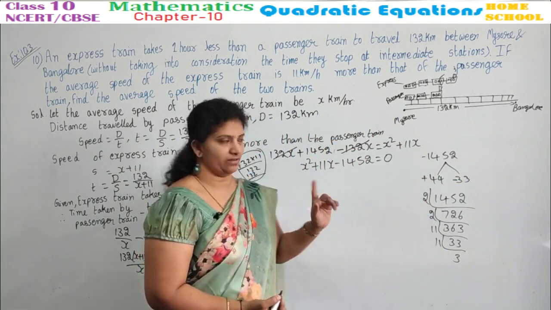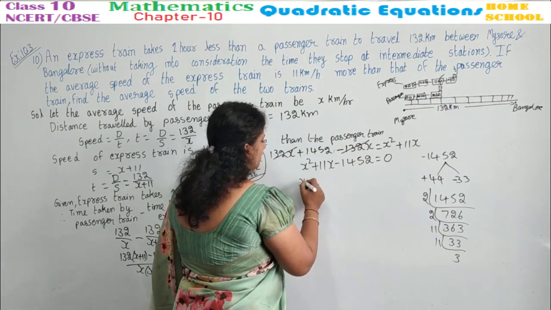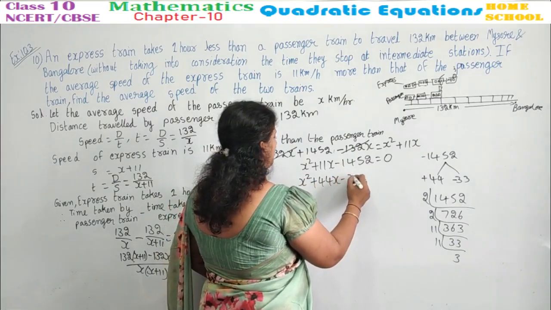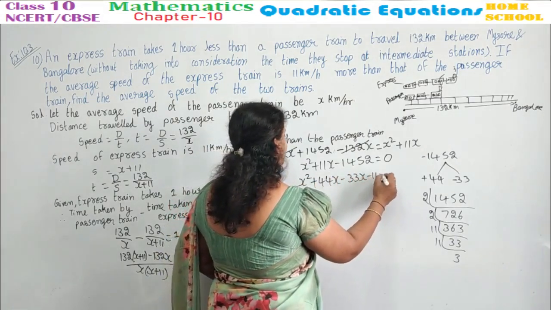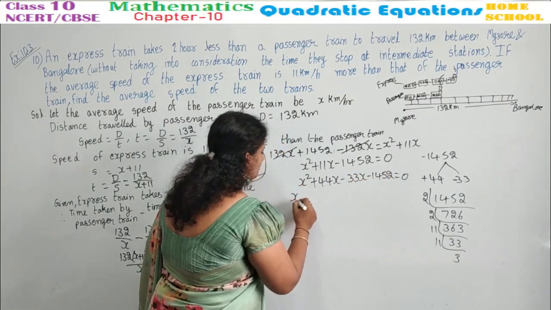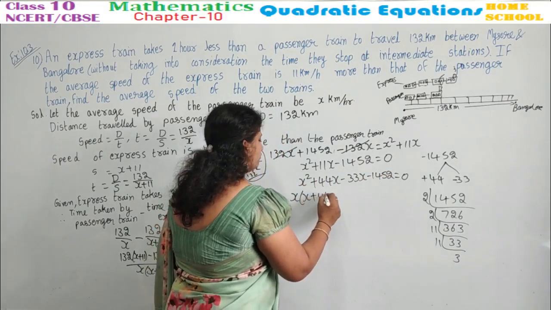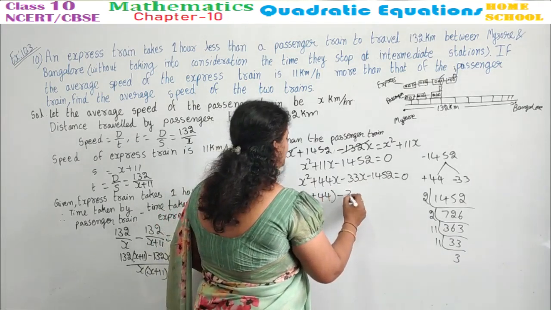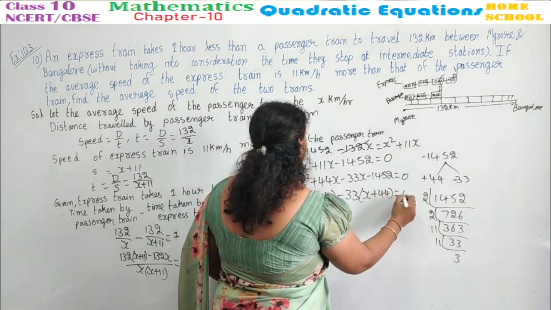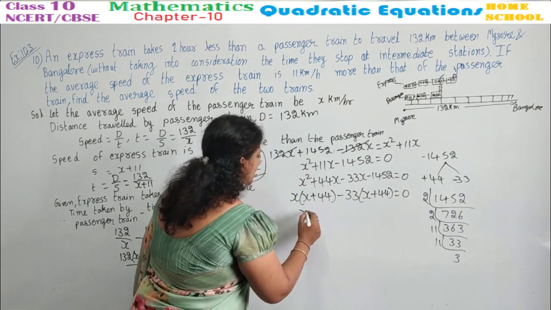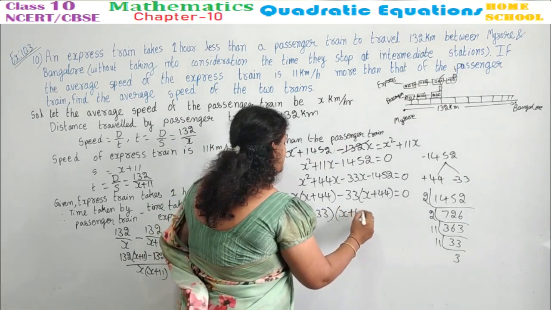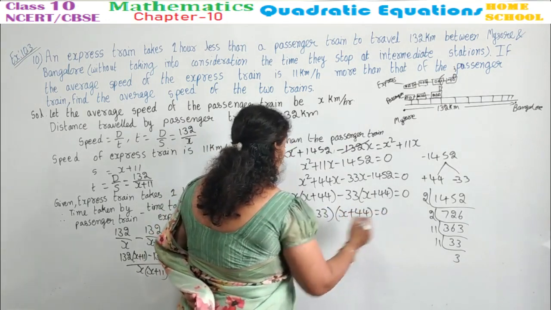Now split this middle term: x square plus 44x minus 33x minus 1452 equal to 0. Take x common from the first two terms, x plus 44, and take 33 common from the last two terms, x plus 44 equal to 0. So x minus 33 into x plus 44 equal to 0.